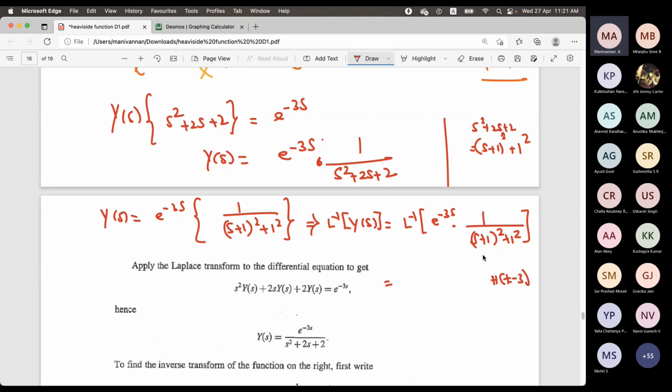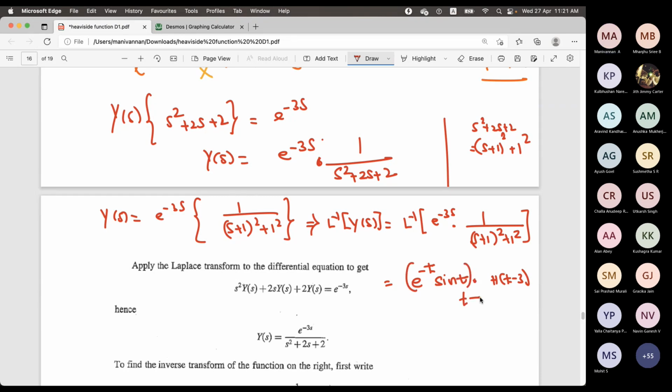What about the L inverse of 1 by s plus 1 whole square plus 1 square? Only a constant is there. I take this as e raised to the power minus t, and the remaining L inverse of 1 divided by s square plus 1 square is sine t.